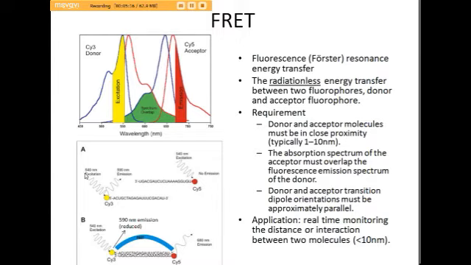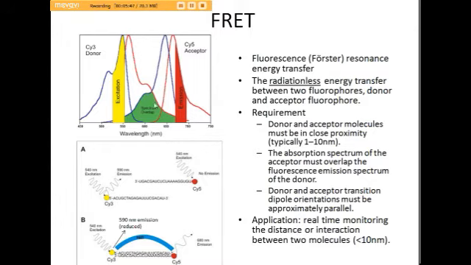In this case, we can see that the emission spectrum of Cy3, which is this red line here, overlaps with the acceptor's, Cy5's, excitation spectrum. So the donor's emission spectrum must overlap with the excitation spectrum of the acceptor.